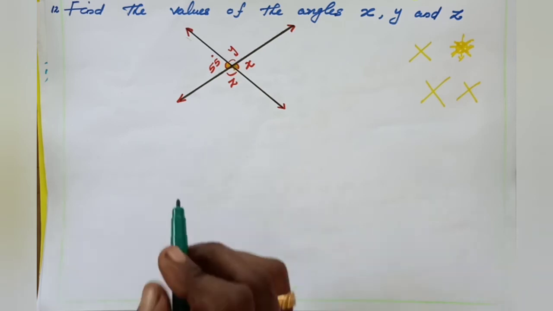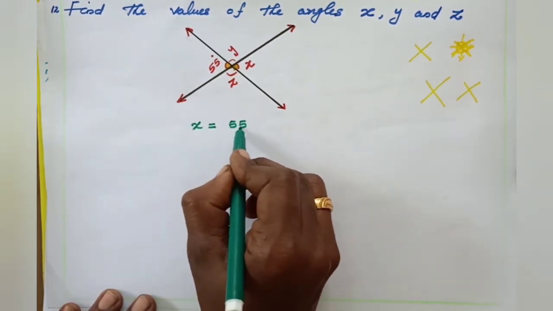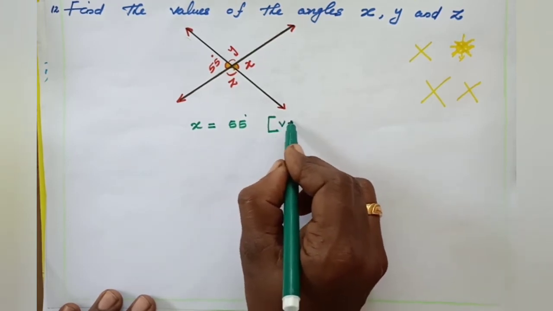So we can write x equal to 55 degree, reason is vertically opposite angle.